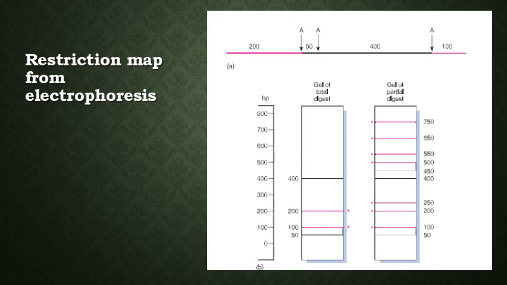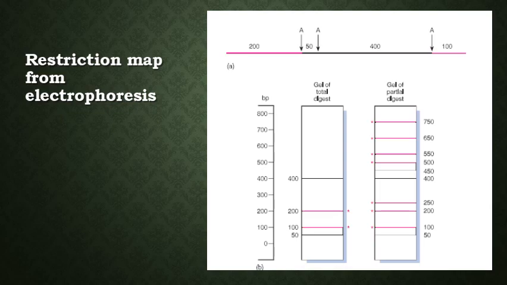The result of electrophoresis of this partial digest is seen on the right side of the figure. From this gel, we can reconstruct the segment order. This gel contains the 4 original segments plus 6 new segments, each containing at least one uncut restriction site.